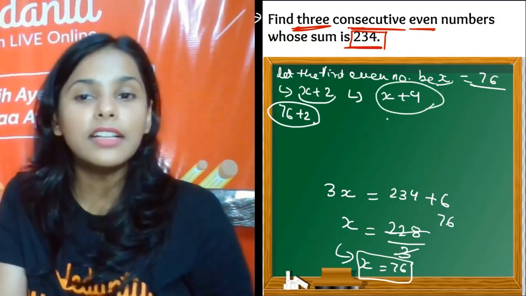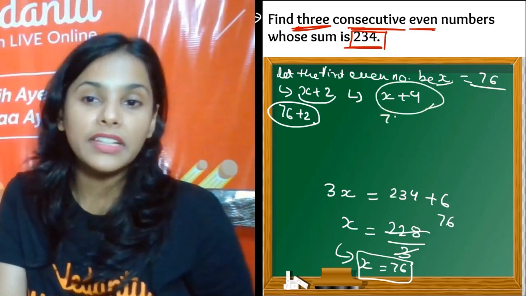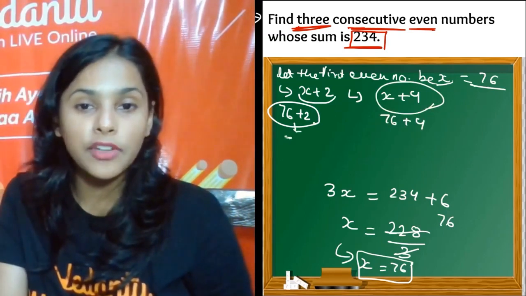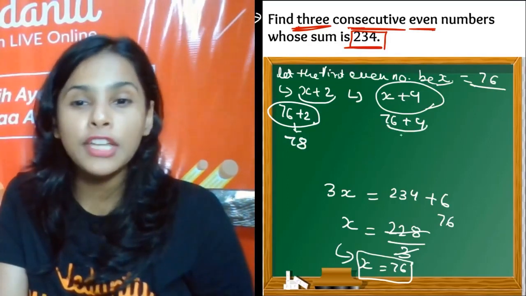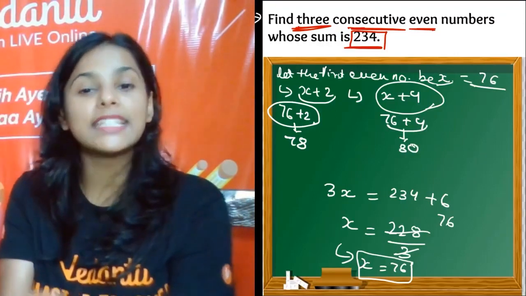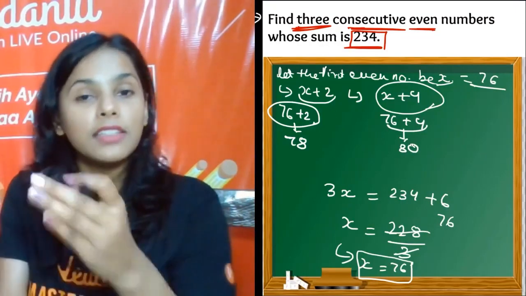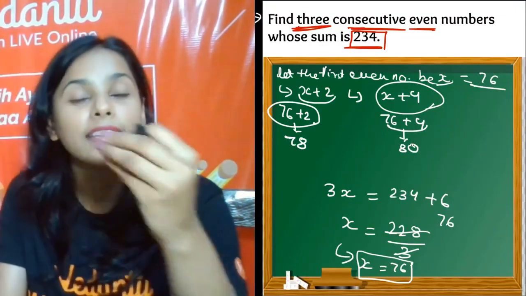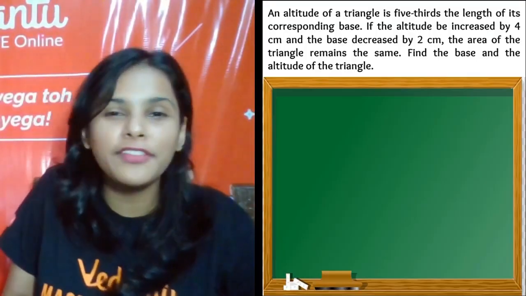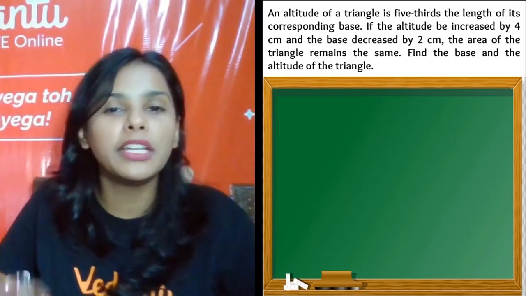And the third consecutive even number, 76 plus 4. राइट? सो ये हो गया आपका सेकेंड कंसेक्यूटिव इवन नंबर 78 और ये हो गया आपका 80. So that means if you add 76, 78 and 80, the three consecutive even numbers, their sum would be 234.